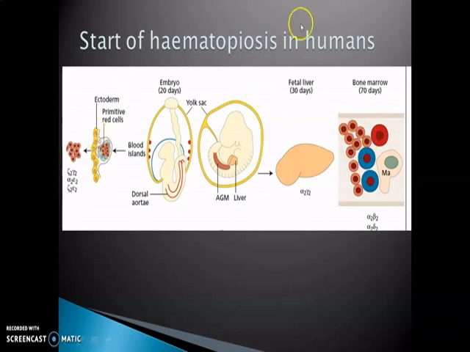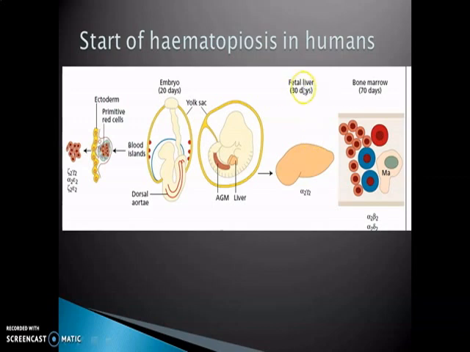So this schematic diagram is just showing how RBC formation, hematopoiesis, starts at the embryonic stage. So this is the yolk sac, these are the blood islands of these red cells, hemangioblast cells, and they are the mature RBCs in the embryonic stage.